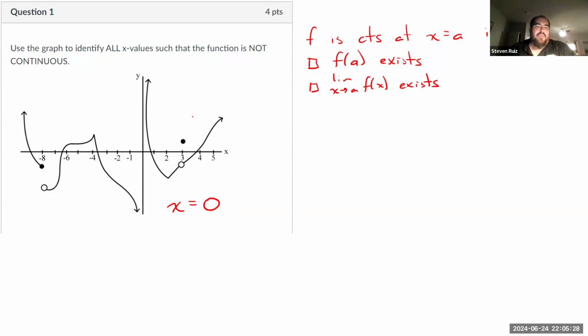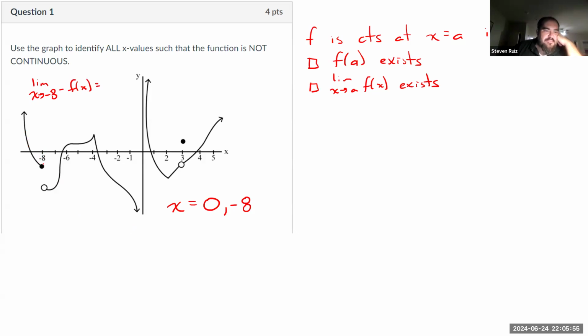So the limit's not going to exist where we have a jump, right? So I believe that's also true of -8. Why do I say that? Well, because as x approaches, let's just write this down. The limit as x approaches -8 from the left of f of x is what?